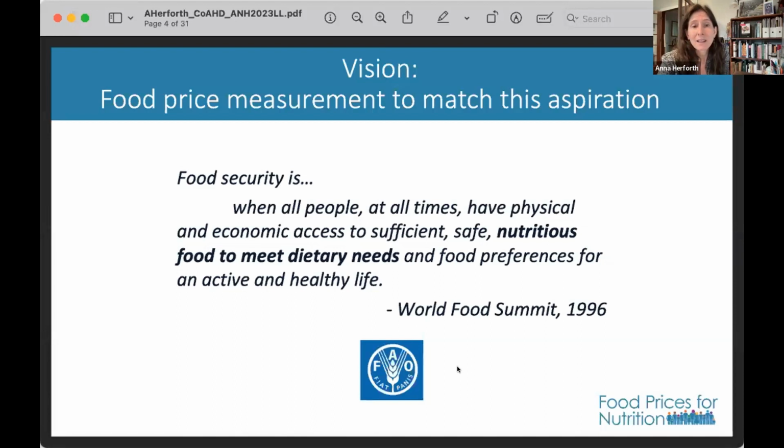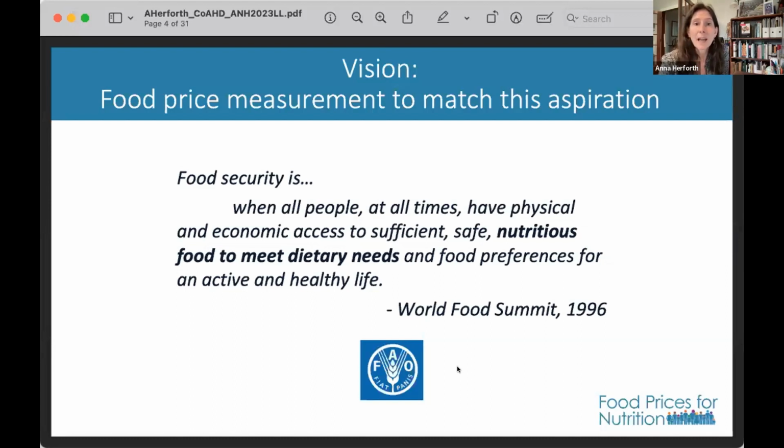And it was to be able to measure this definition more fully than it had been. Up until that point, there had been many years of measuring the prevalence of undernourishment, which is an indicator essentially of access to adequate calories. And then the food insecurity experience scale indicators had just been added in 2015 for people to report their own experience of worry or lack of access to adequate food.